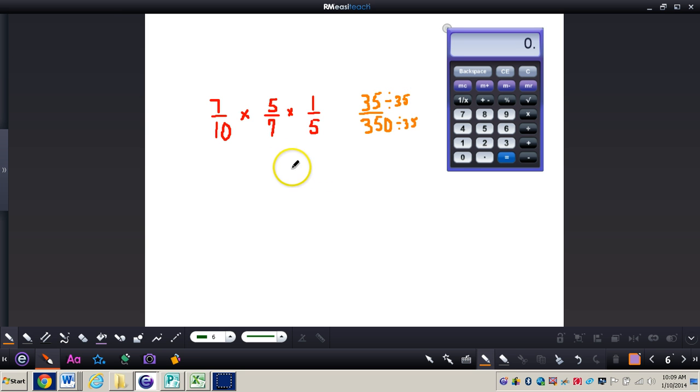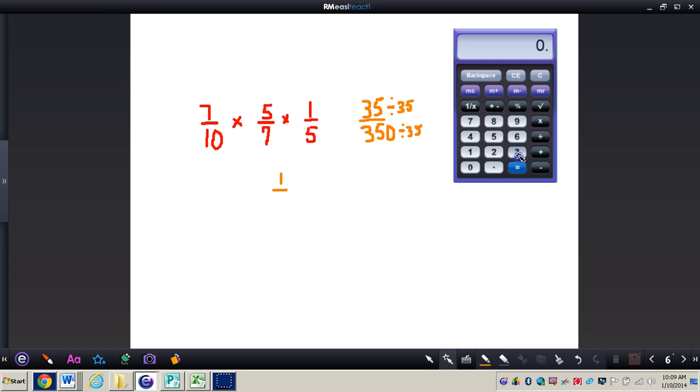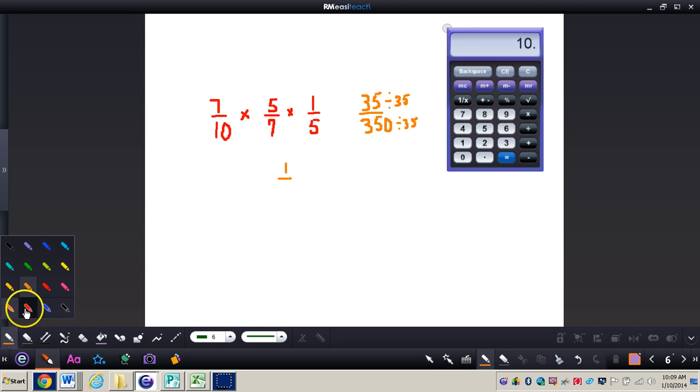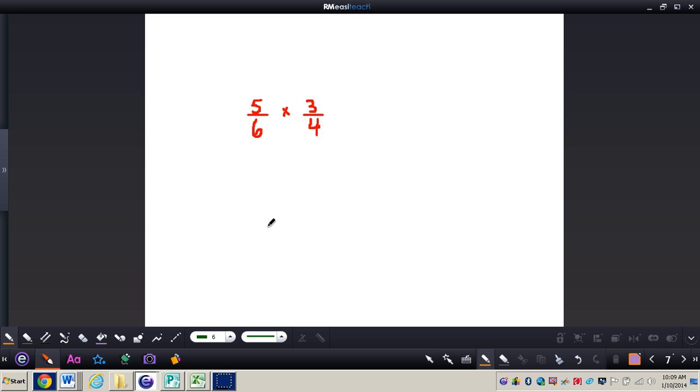So we have 35 divided by 35 will give me 1. 350 divided by 35, and we can do this on our calculator, 350 divided by 35 can give me 10. So we can reduce 35/350 all the way down to 1/10. So you can see it's pretty simple. The only thing we're doing is just multiplying the numerators and then multiplying the denominators. It can be a little tricky when you have to simplify.